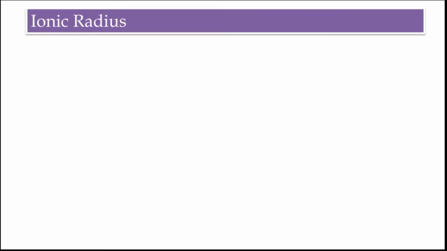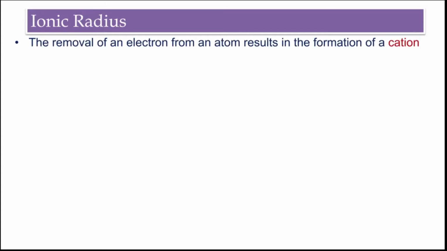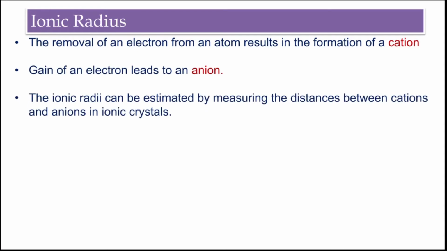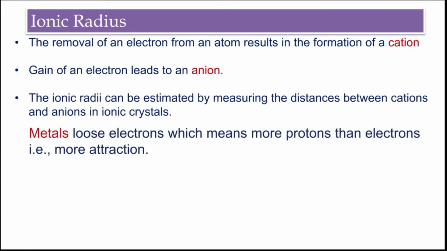Next we have ionic radius. The removal of an electron from an atom results in the formation of a cation. Gain of an electron leads to an anion. The ionic radii can be estimated by measuring the distances between cations and anions in ionic crystals.